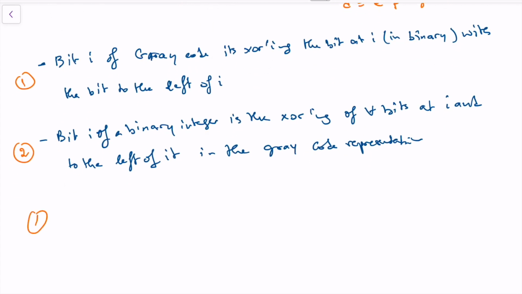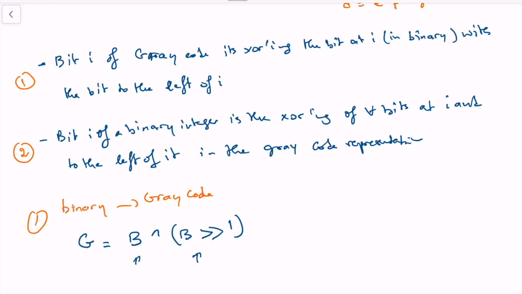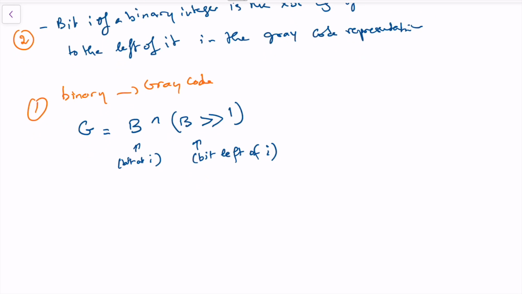For converting from binary to gray code, the gray code value is just the binary representation XOR the binary representation shifted, the one left of it. This is just what we did here, which is XORing the bit at position I with the bit at the position left of it: bit at I, bit left of I. So that's pretty much the formula for converting from binary to gray.